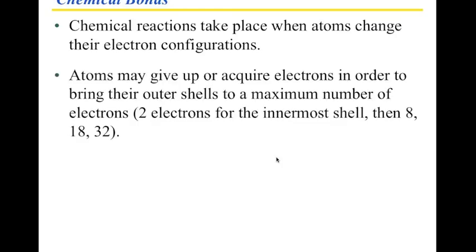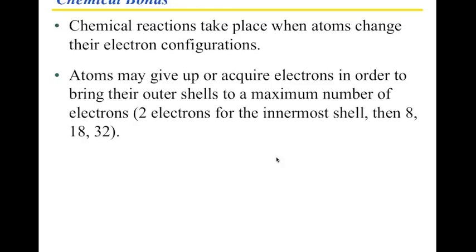Now, atoms can give up electrons, or they can gain electrons depending on their electron shell configuration. And so if you look at these first several electron shells, you realize 2 are possible on the innermost shell. Then, as we just saw, 8 on the second shell.